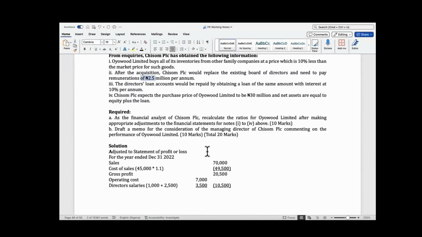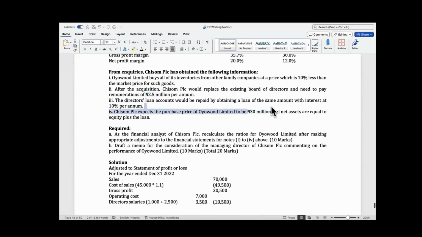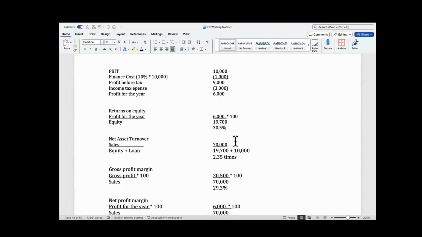Oh, okay. Thank you. You don't really need it for anything here because that's how much Chisholm wants to buy Oilwood. That's the proposed price. So it has nothing to do with what we are computing here. We're analyzing Oilwood.